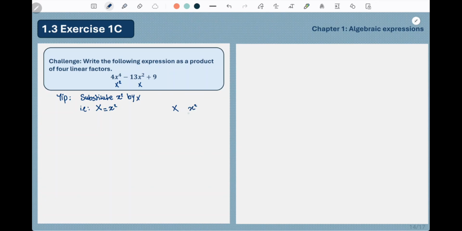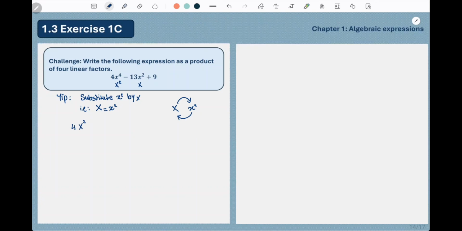So basically, I'm going from here to here by substituting, but when I'm done, I'd have to go from here to there because my question is in terms of x squared, not in terms of big X, okay? So you're doing the substitution just to work around the question, and once you're done, you turn it into the original form.